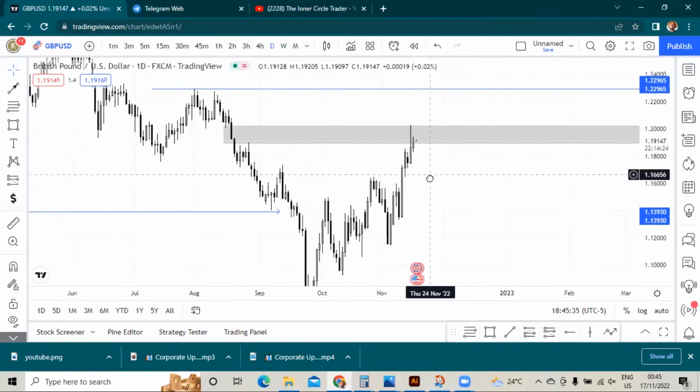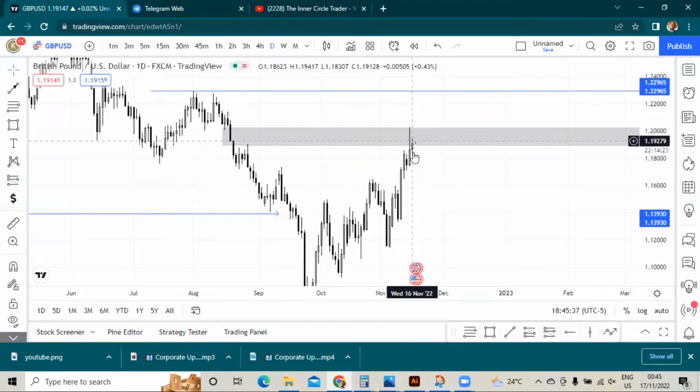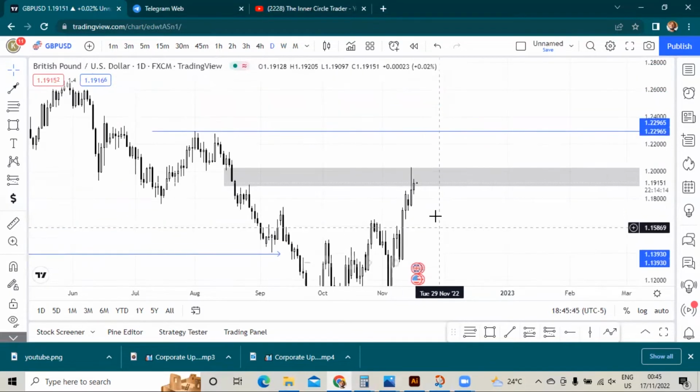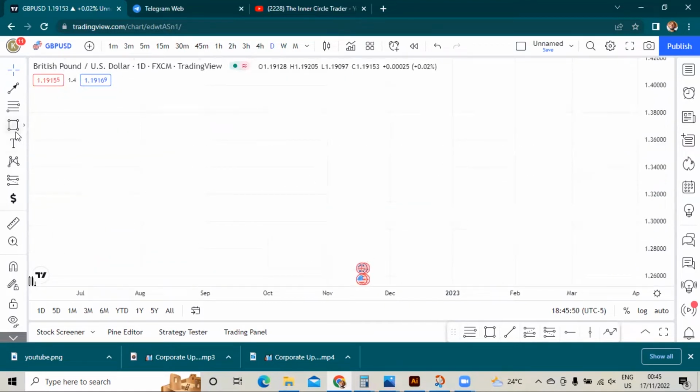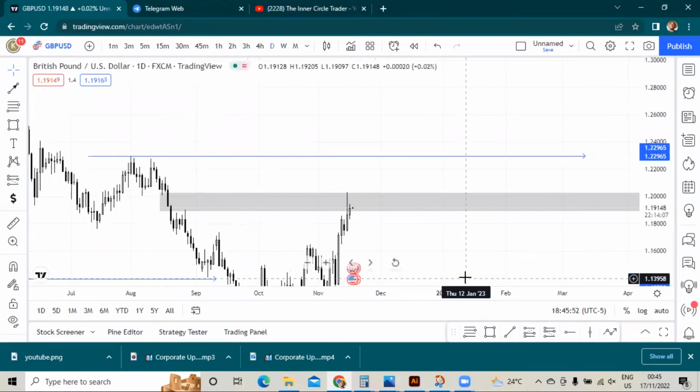So it's still looking bearish for this particular day we are in, which is Thursday. The weekly and daily time frame is all about showing you direction for the next liquidity draw.